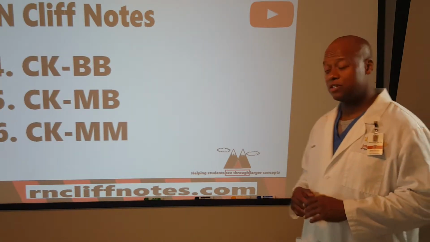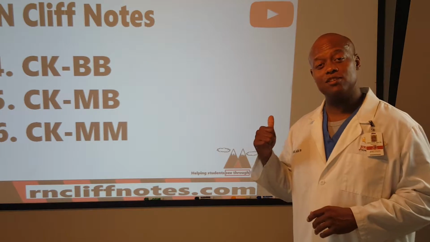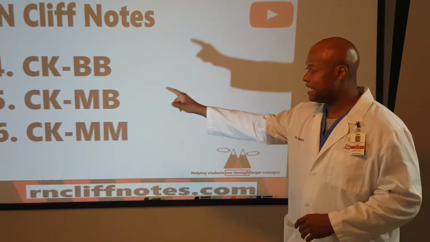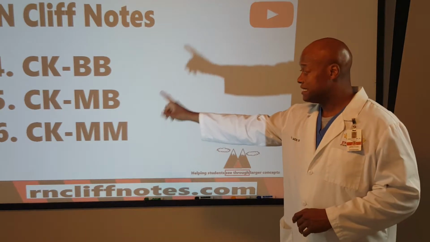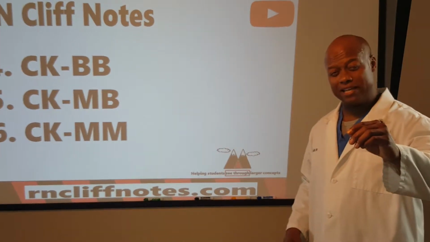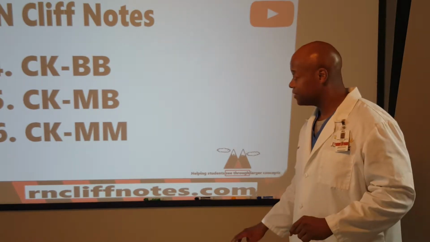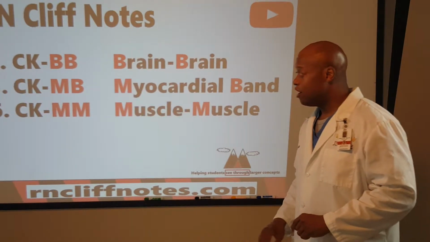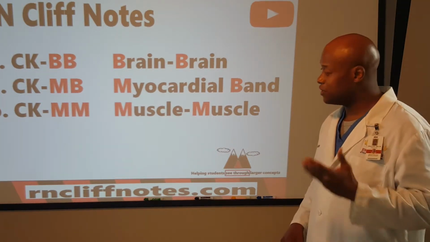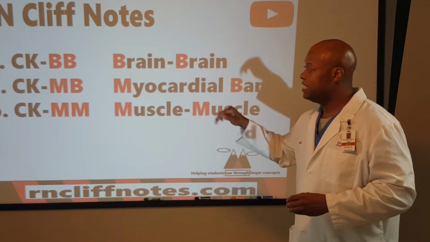now we want to do our study smart strategies on these specific biomarkers. So we said CKBB previously, CKMB, and CKMM. And here's how we're going to break it down, right? Study smart. When you see CKBB, what I want you to do is think to yourself, brain.